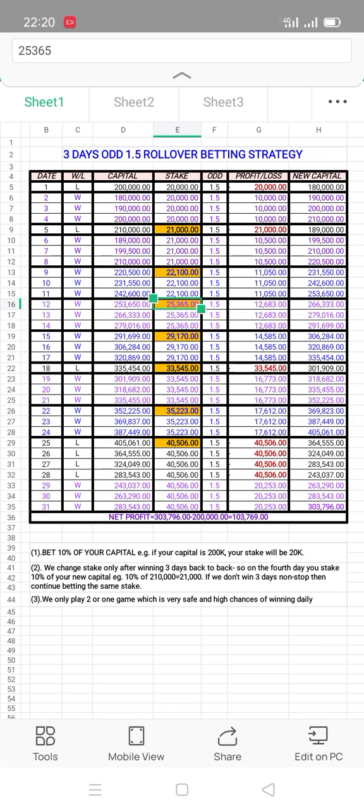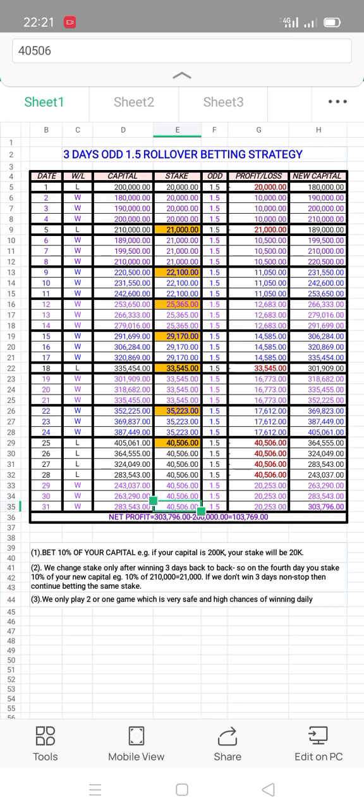Let's go, for example, to day 25. On day 25, we had our capital of 405,061. We multiplied it by 10% to get 40,506, but we lost. So we continued maintaining the same stake until day 29, day 30, day 31.